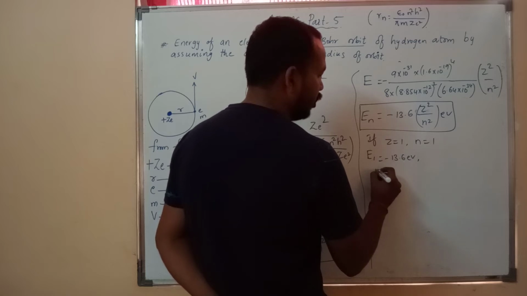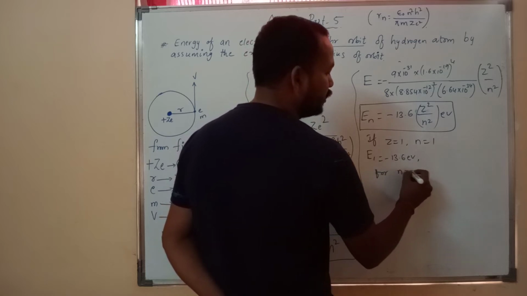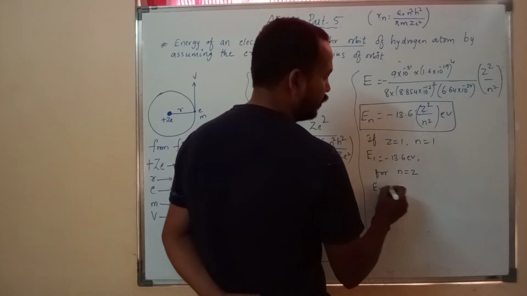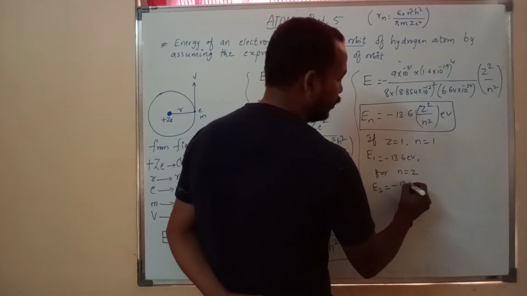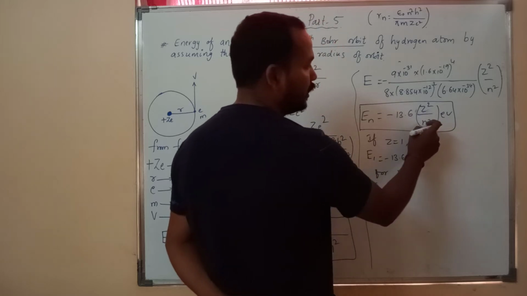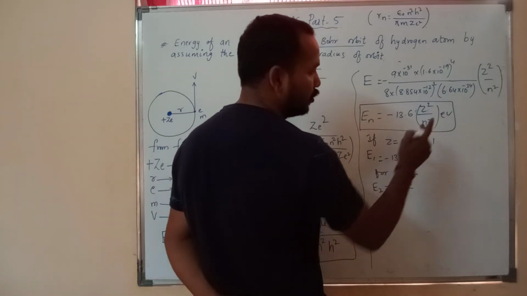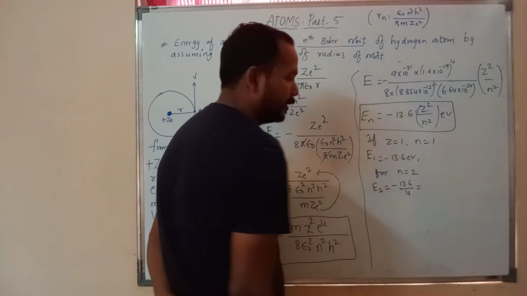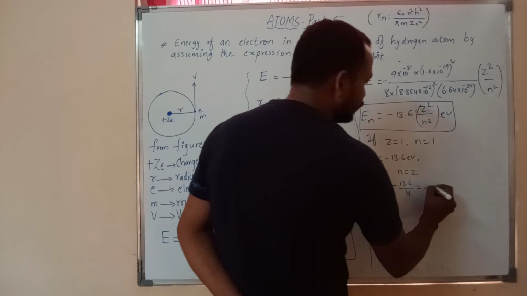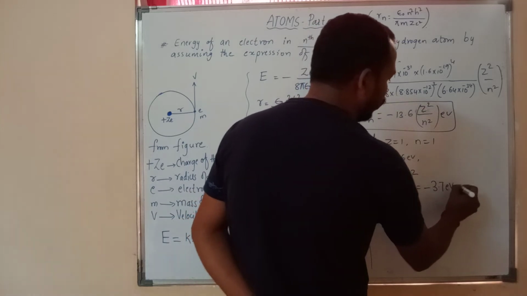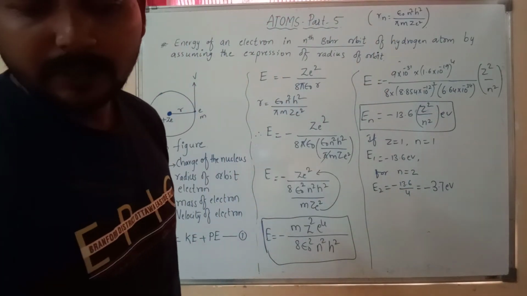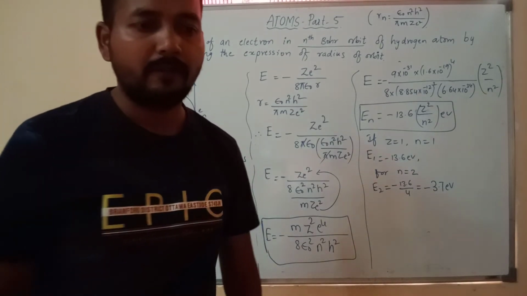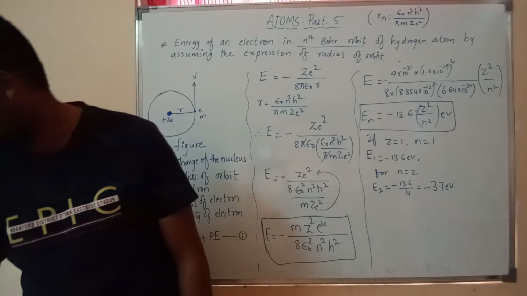Similarly, for the second orbit n is equal to 2, right? The energy of the second orbit can be given by minus 13.6 upon, here in place of n, 2 I am using. 2 square means 4, so divided by 4, which you will get minus 3.7 electron volt. Correct? Here that is an important thing where you have to find out the values.